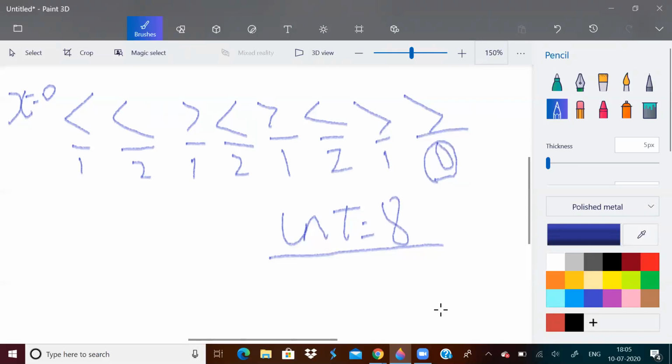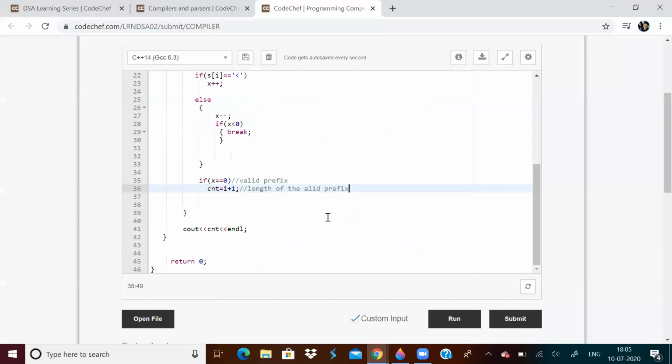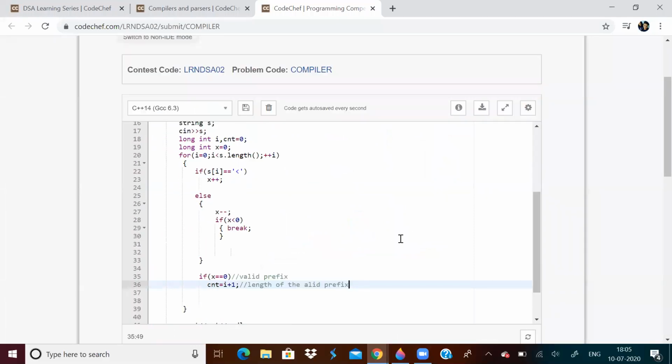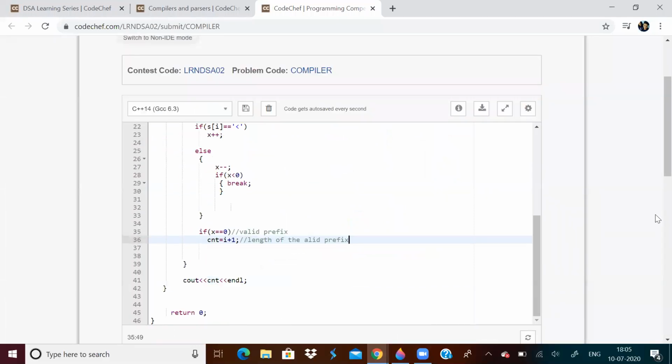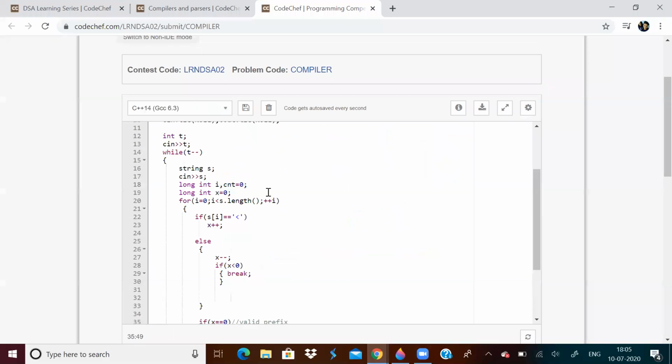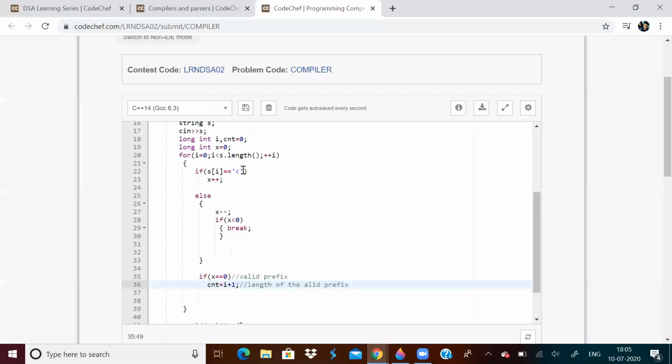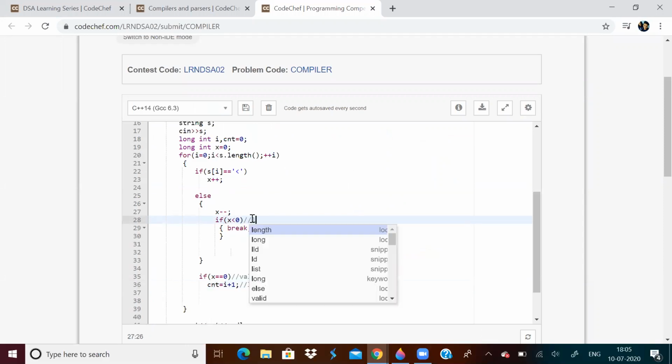So I hope you got the problem. If you want, you can pause the video and take a look at the code. Just input the string, keep a variable x. When you get less than symbol, increment x. Otherwise, decrement x. If x becomes negative, break out. Why you should break out when x becomes negative?